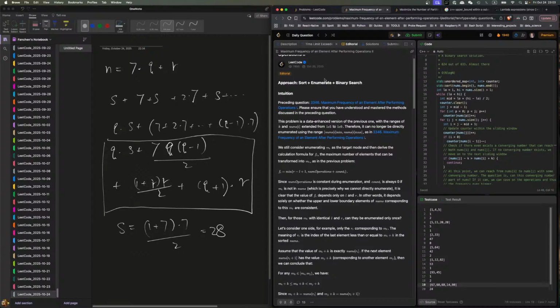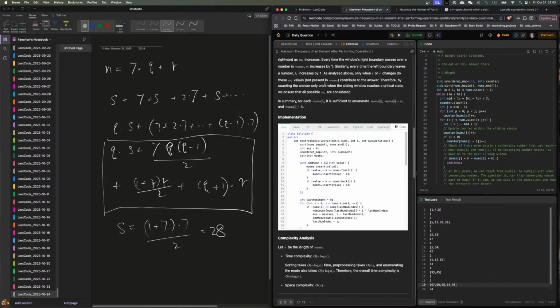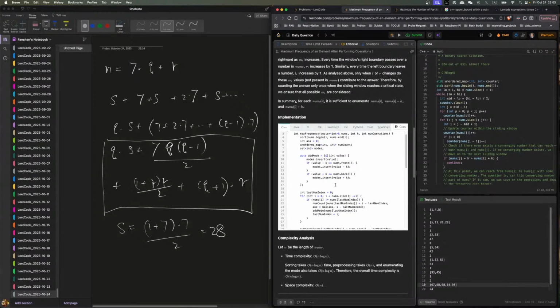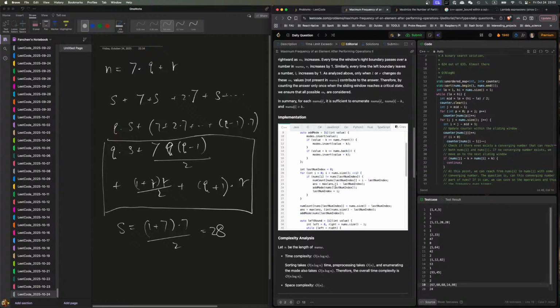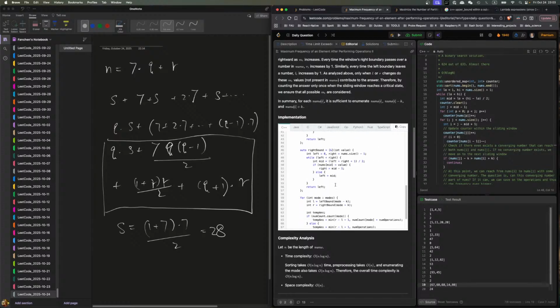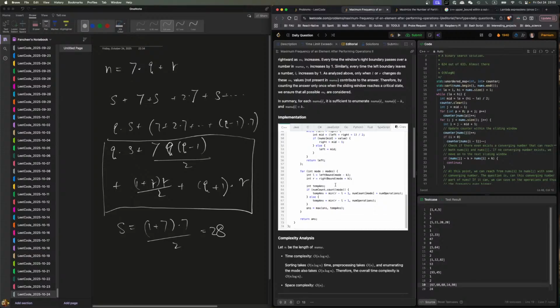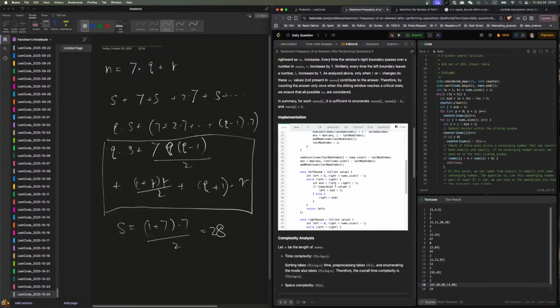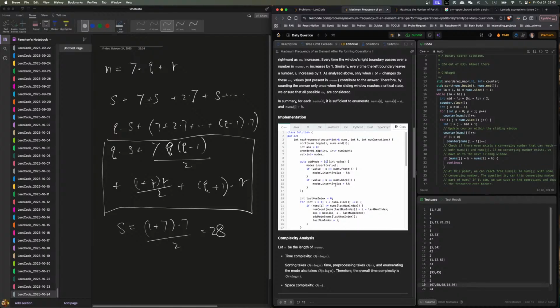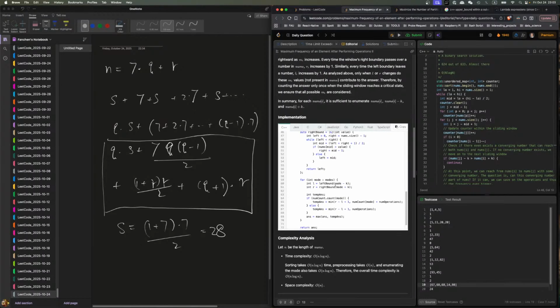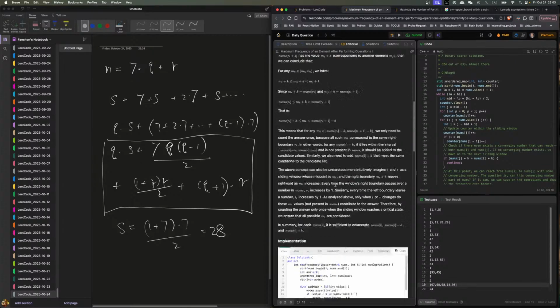But I still don't think that one will work, because that's 10 to the 9th. Modes? What the hell is modes? All right, we'll read it.